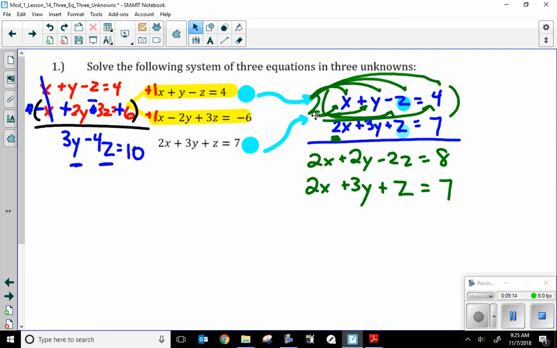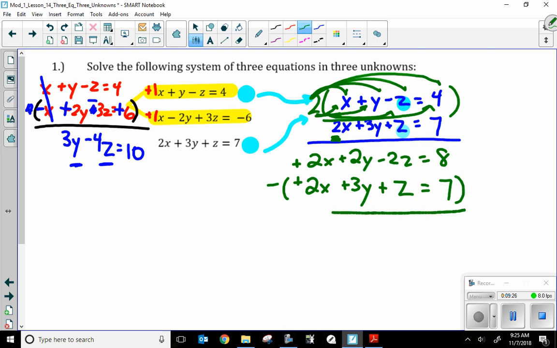Now, my 2x's are both positive, which means I want to subtract them. I'm subtracting the entire second equation, which means I got to distribute that negative sign. I'm going to change all the signs in my second equation. I'm going to flip them because I'm going to negate every single one of them. That goes bye-bye, negative.